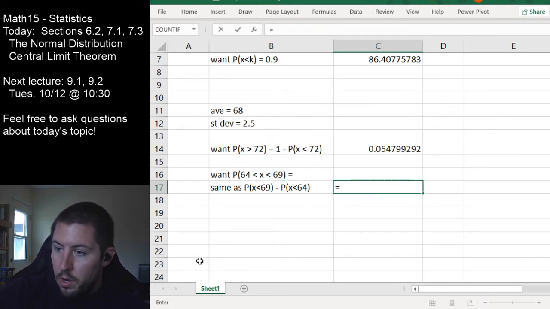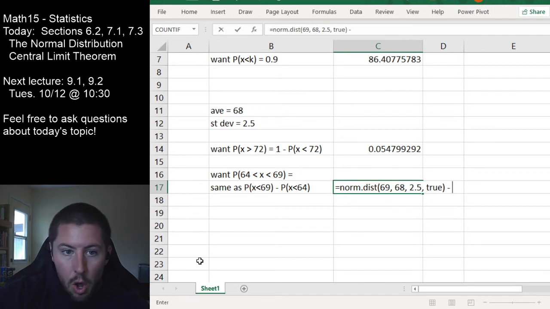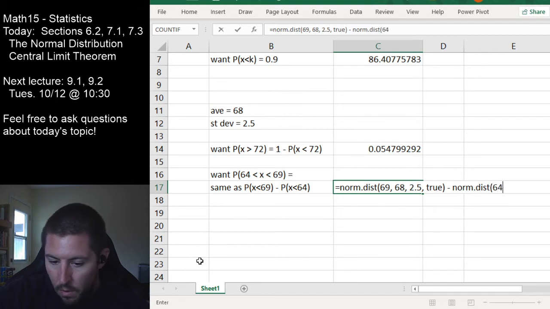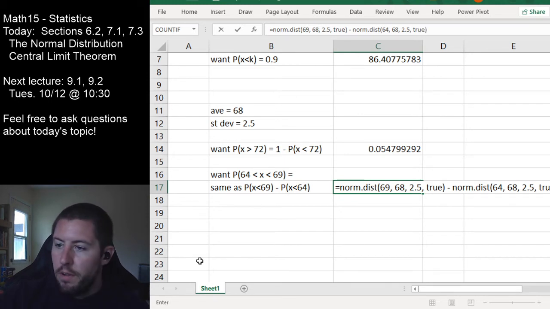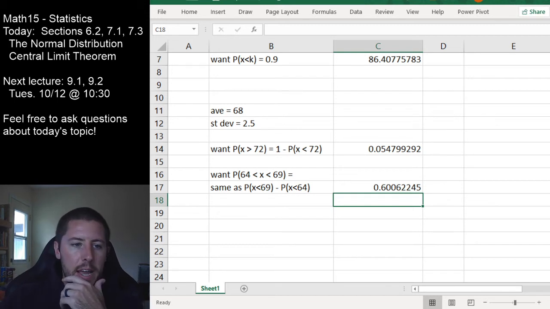And here we can do equals norm.dist 69, 68, 2.5 true, minus a whole second norm.dist of 64, 68, 2.5 true. And again, our guess was about 45%. Ooh, 60%. Okay, a little bit more than I thought, but I think I can see the reason why that's going to be the case right here.